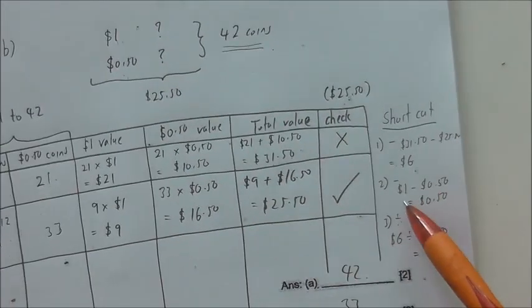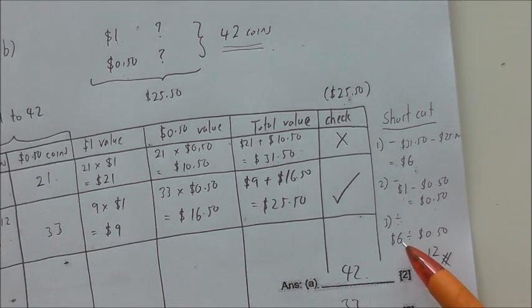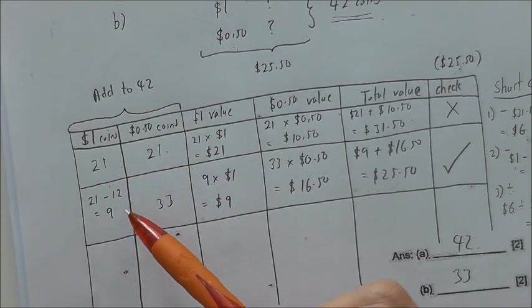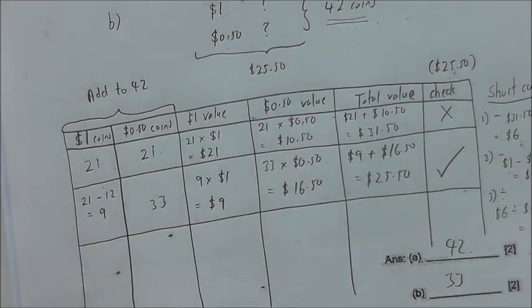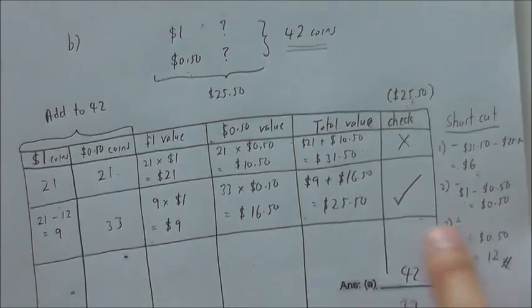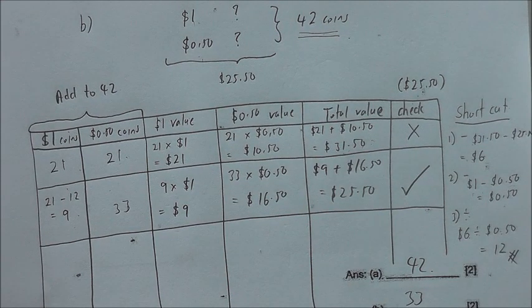So we take $1 minus 50 cents, I get 50 cents. Then I divide 6 by 50 cents, I get 12. So 12 is the number that you have to add or minus to get the final answer. So with this minus divide, in 2 steps of guess and check you can get the answer. This is a modified guess and check method.